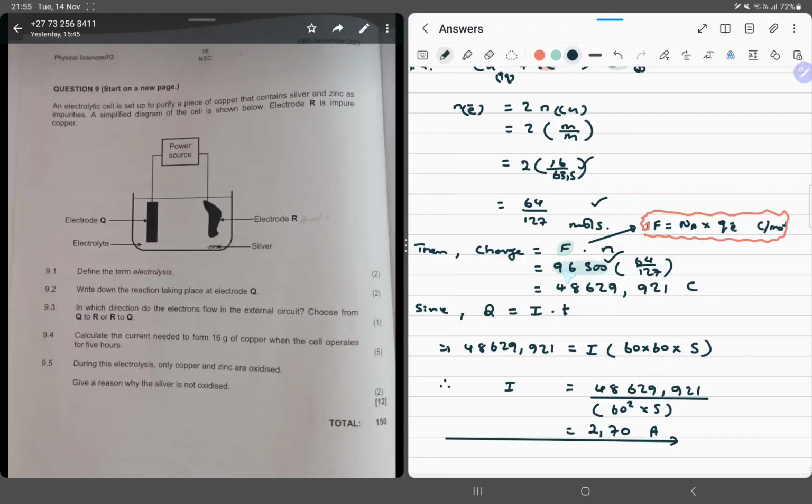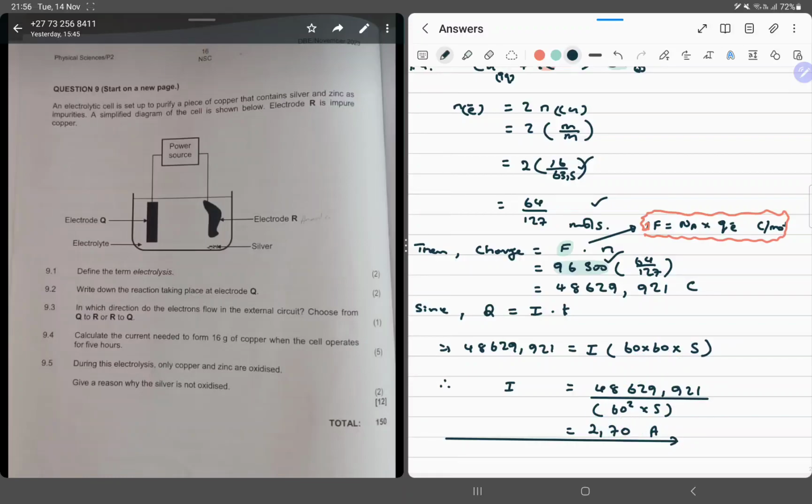Okay, so you simply just take that and multiply by the number of moles. As you will see, this is per mole, this is moles. Moles cancel and leave us the coulombs of charge, which is what we want. And then you use your Q equals IT equation. Then you just substitute, but take care to convert those 5 hours to seconds. And that is the answer.